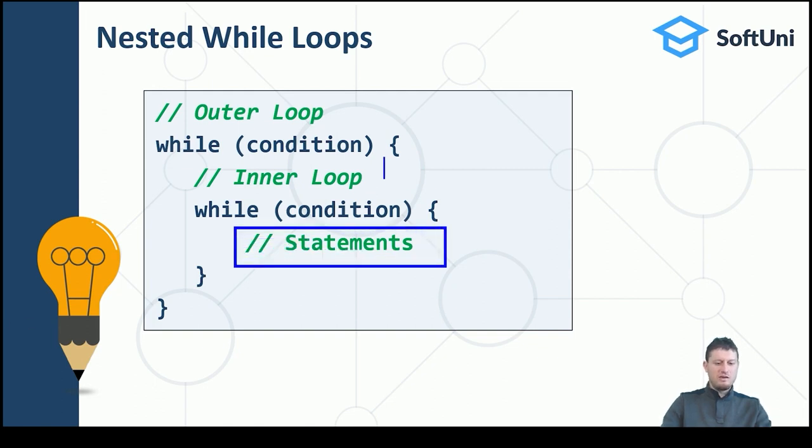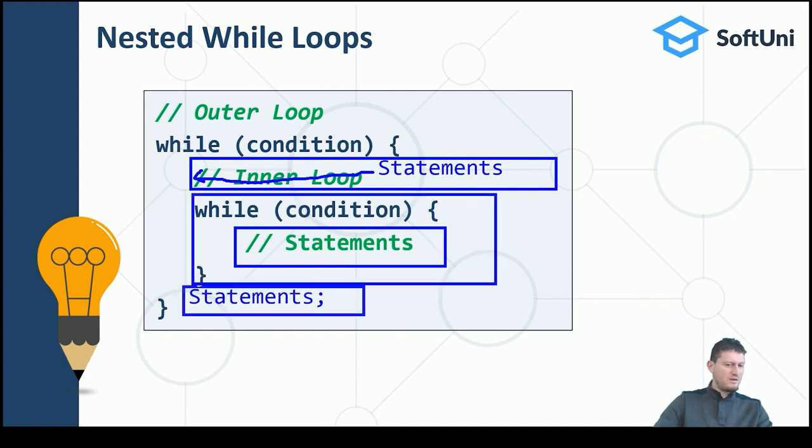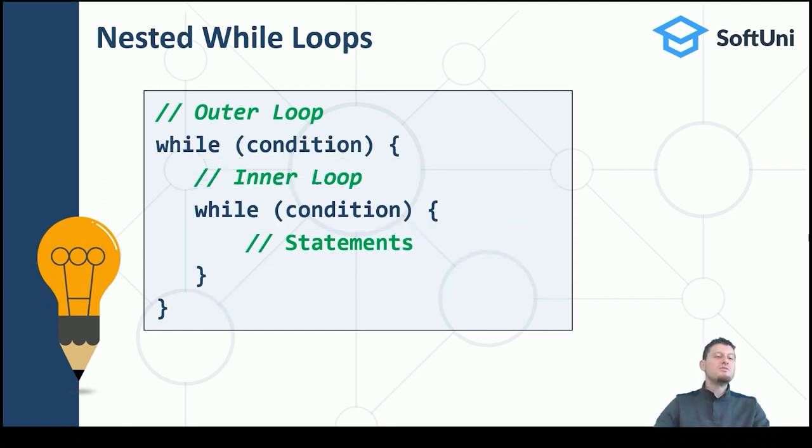We may also execute some statements before the inner loop and after it. So we may have statements, a while loop, then other statements, then another while loop, then another thing. So we can nest while loops everywhere where we can have a statement, for example, inside if, inside for, inside while.